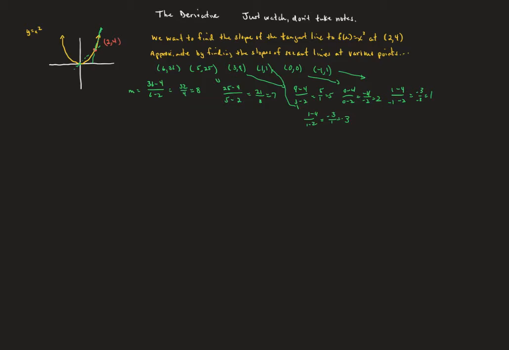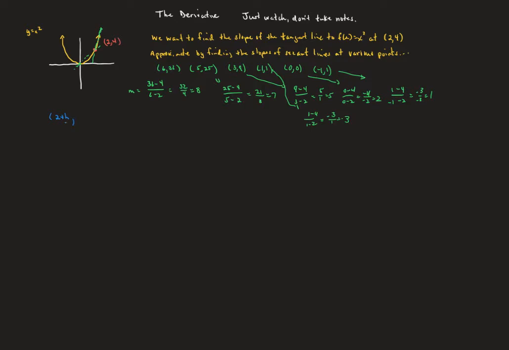So then we can say, in general, if we look at a formula, let's look at the slope of the secant line between (2, 4) and any other point on that curve. That point is going to be 2 plus h, where we move some distance away from 2.